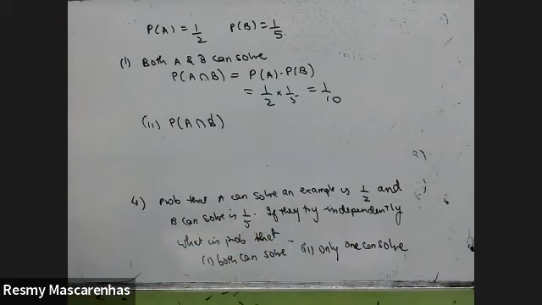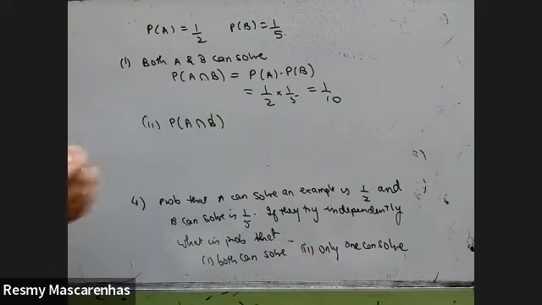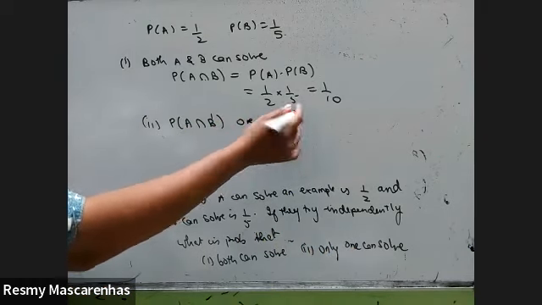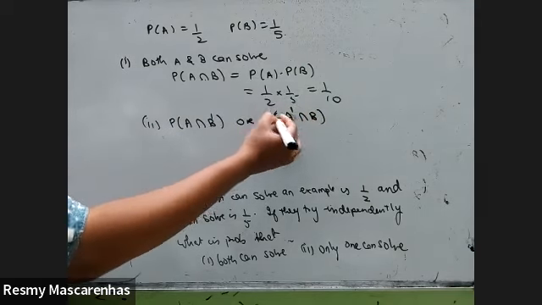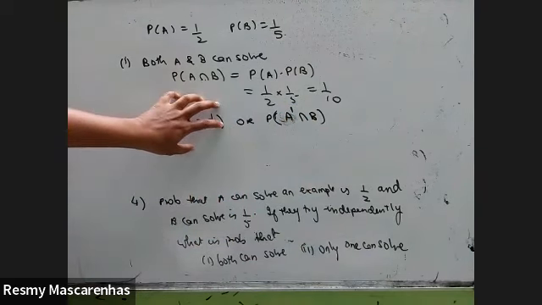Only one can solve means there are two chances. A is solving but B is not solving. Or there's another option, B is solving but A is not solving. If only A can solve was asked, only this much you have to calculate.